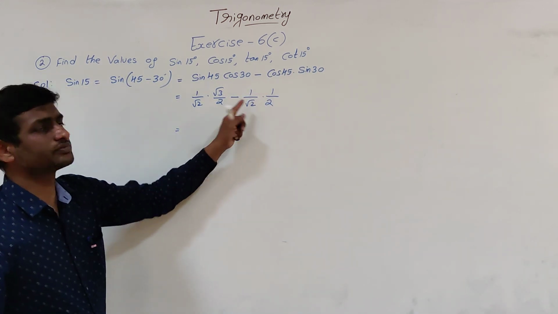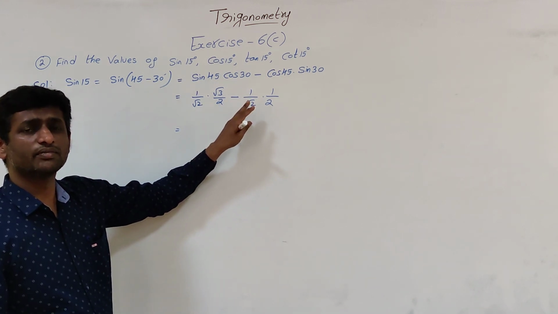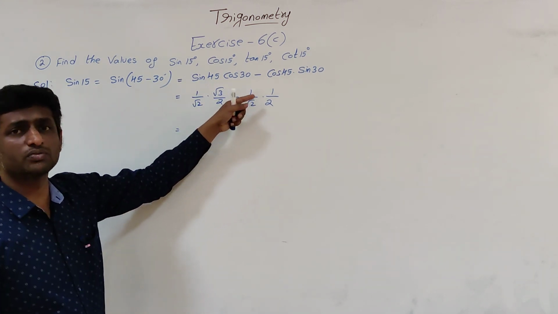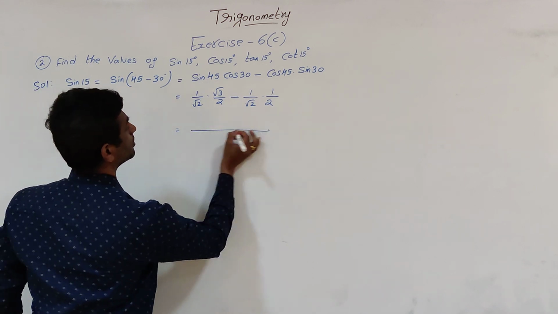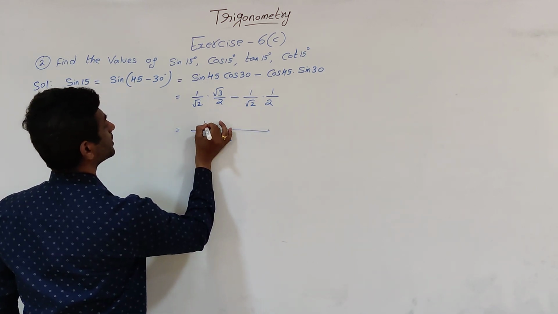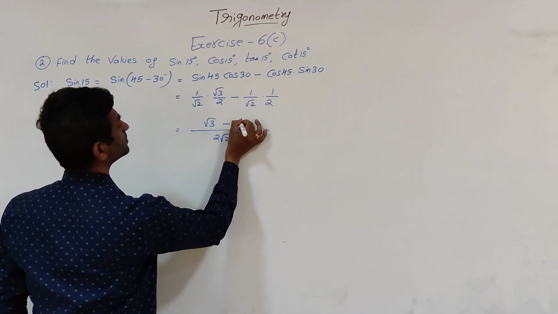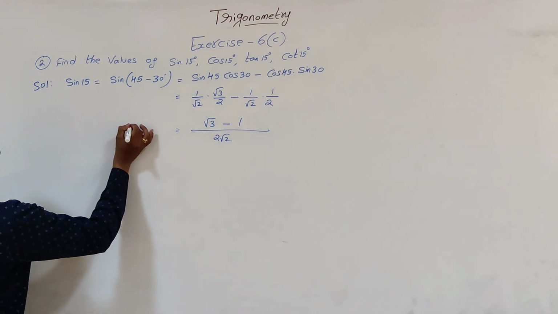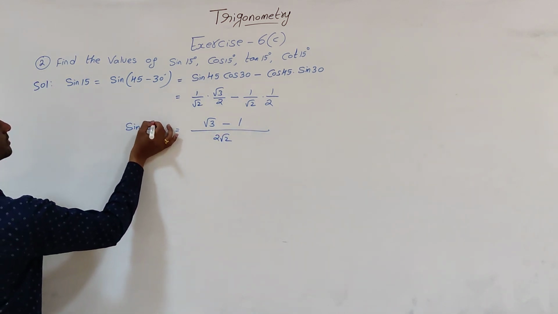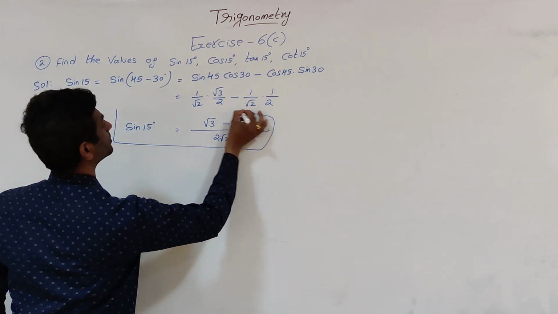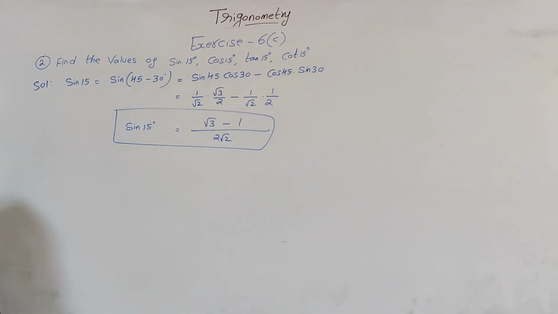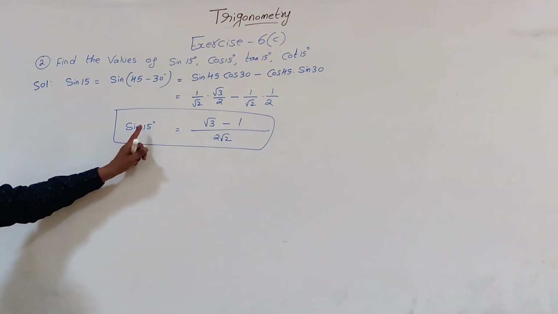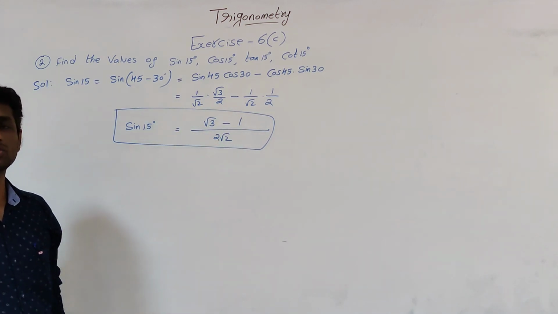As the denominators are same for both the fractions, 2 root 2 is the LCM and the numerators will be root 3 minus 1. So sine 15 degrees is same as cos 75. So sine 15 is root 3 minus 1 by 2 root 2.